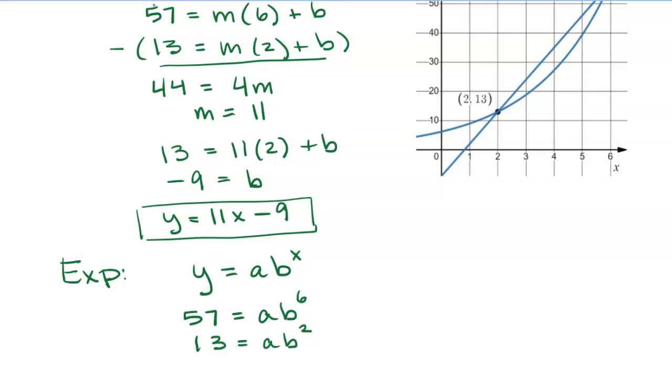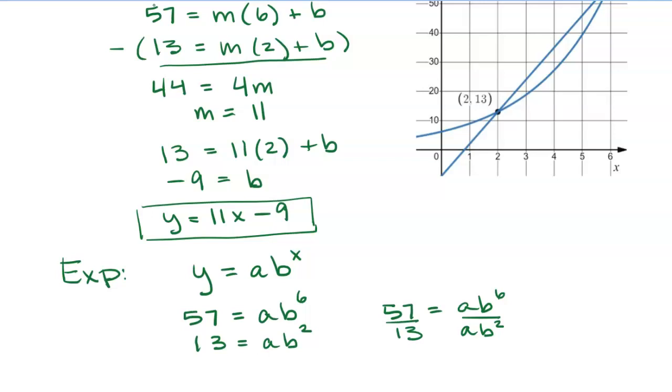So how do we solve this? Well, if I divide one by the other. I have 57 equals a, b to the 6th, and 13 equals a, b squared. These are equal quantities, so if I divide this side by 13 and the other side by a, b squared, I'm just taking both sides and dividing by equal amounts, which is legal.